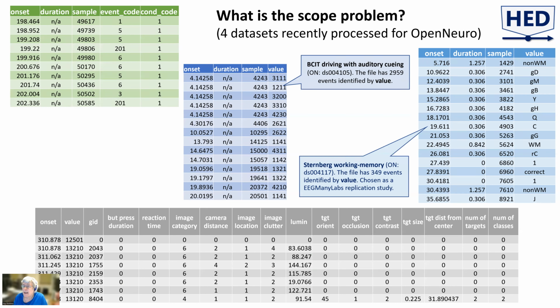So here's the strategy. Let's start with an events file. And the idea is that instead of trying to annotate individual events, we create a unique dictionary of values. Instead of annotating every event code, we just annotate the unique ones and create the dictionary, which we then fill in with the annotations, in this case with HED.